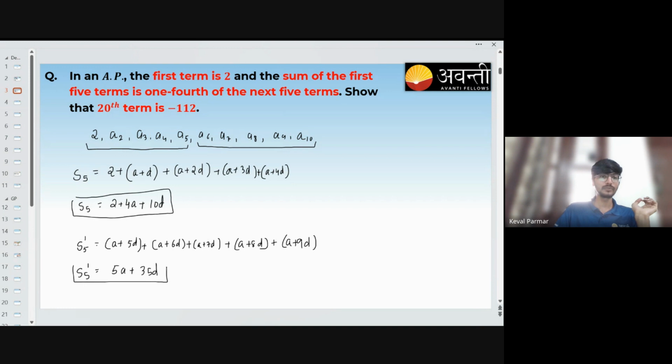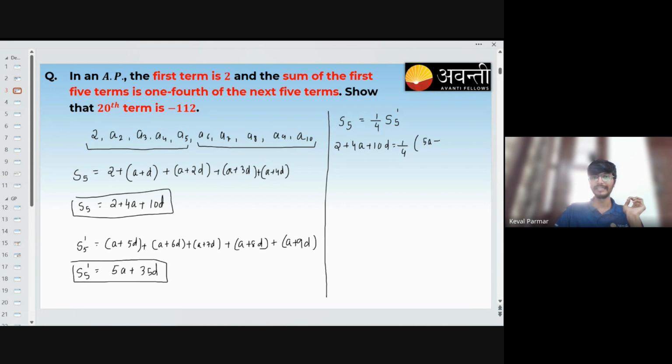Now what they are trying to say, guys, is that the sum of the first 5 terms, that is S5, is equal to 1/4 the sum of the next 5 terms, right? So from here, I can get 2 plus 4a plus 10d is equal to 1/4 into 5a plus 35d.